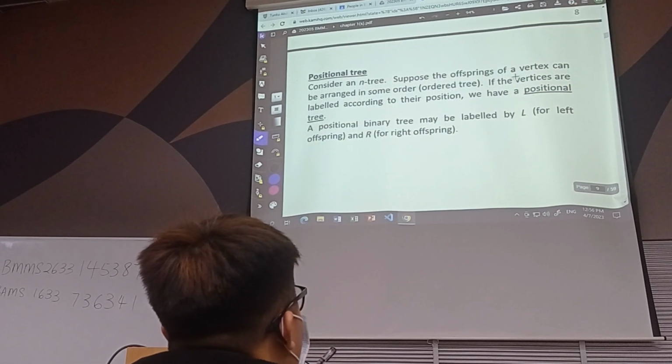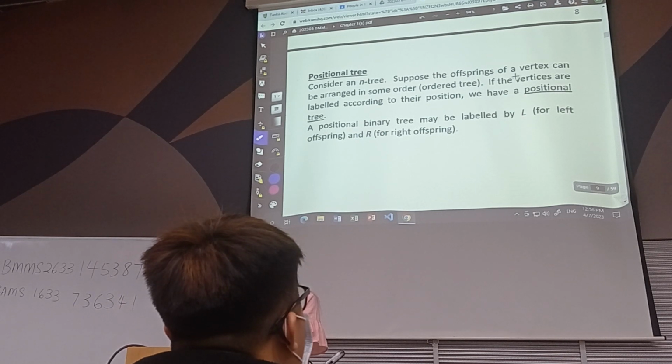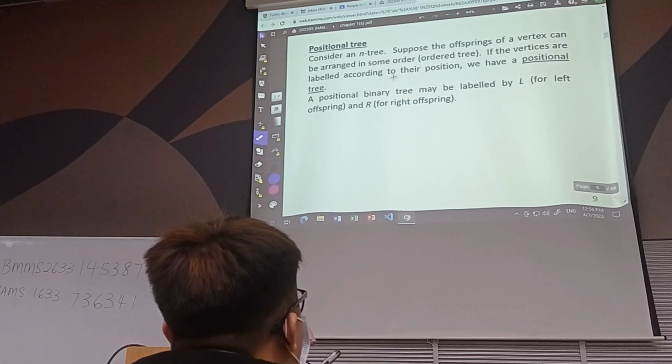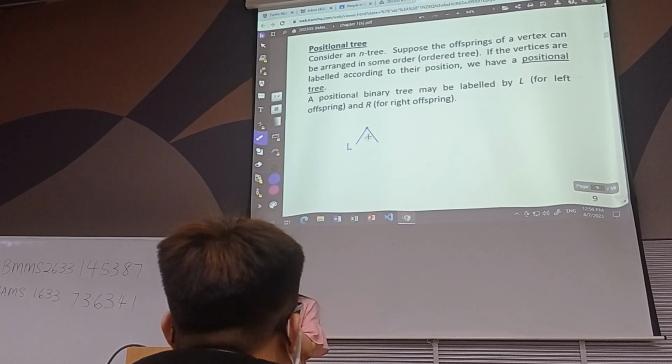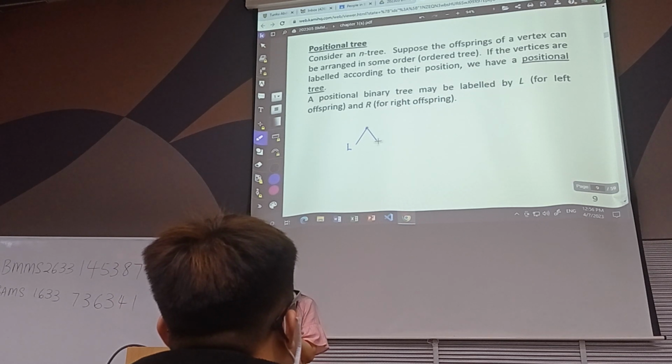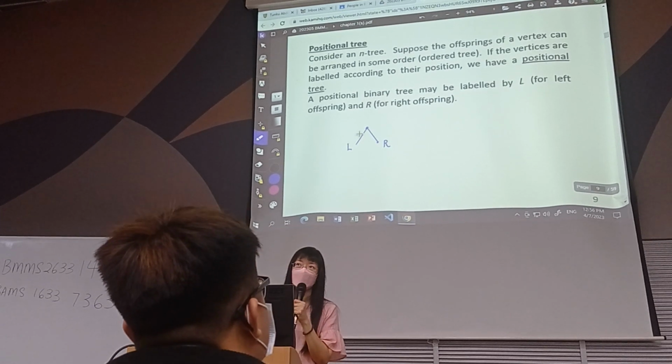Now, positional tree, meaning that we will label the vertices following their position. Let's say I have a binary tree, so when I label the tree, I will label it following the position. Let's say here at the left hand side is the path, so I will label it as L to represent the left hand side, and this one I will write as R, which is the right hand side.